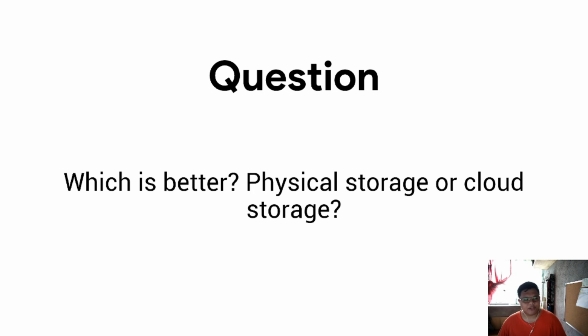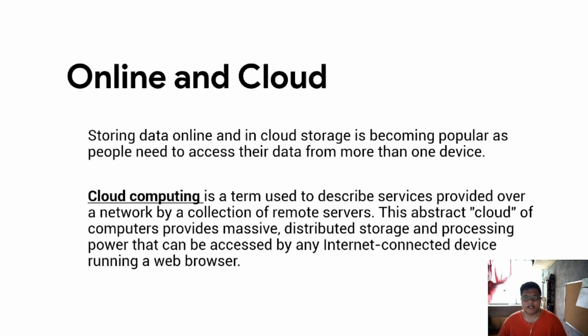Okay, before we answer this one, let's go back to our definition. Basically, cloud computing is a type of storage process wherein from our laptop, our device, our phone, we upload it to the internet. Hence the name, that's the reason why it is upload, going to the cloud.